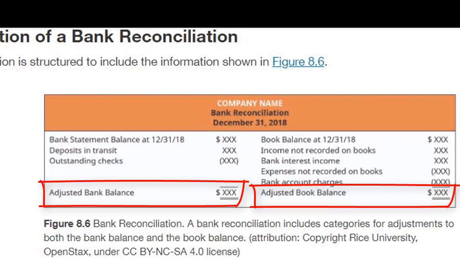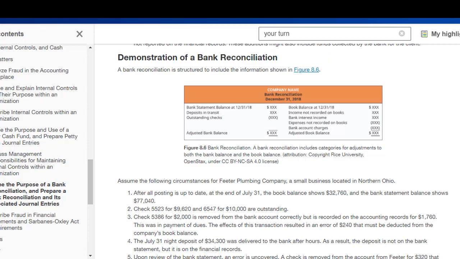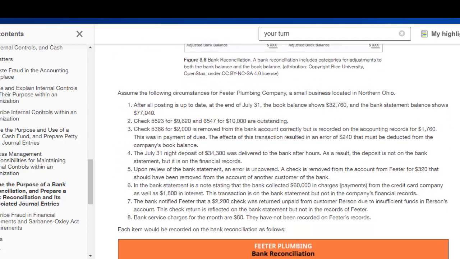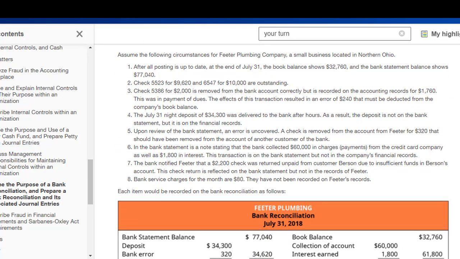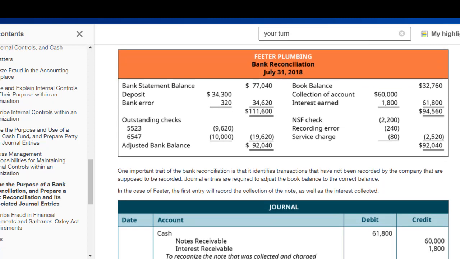For an example of this, go immediately below figure 8.6. It looks like there are about 8 different items of information that the book gives you, but then look at the actual bank reconciliation that follows in the textbook.